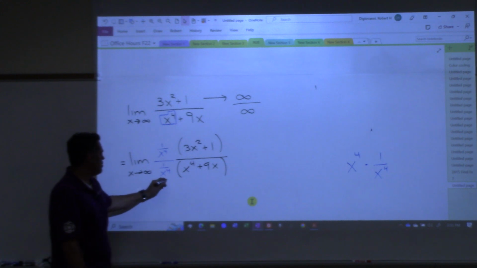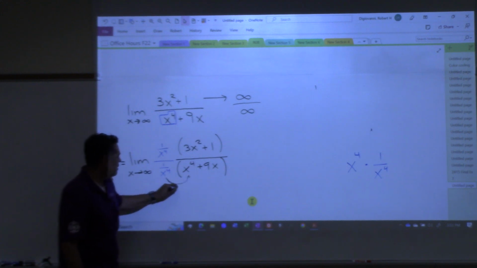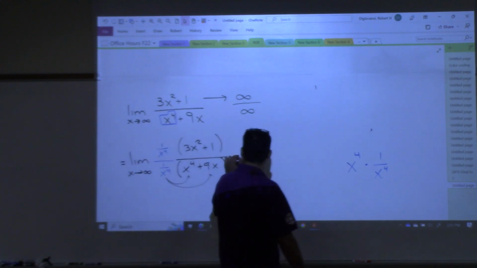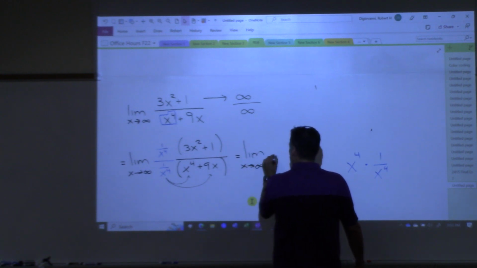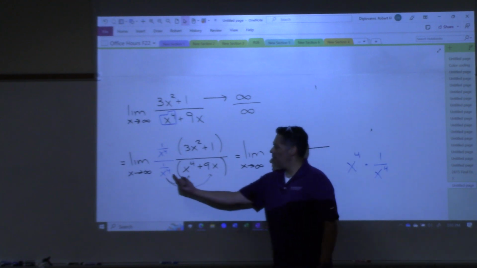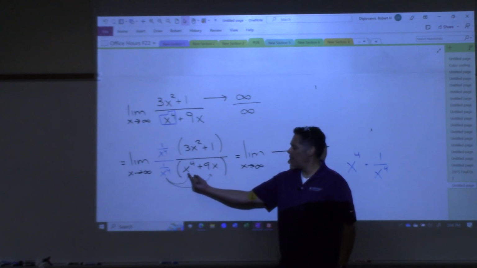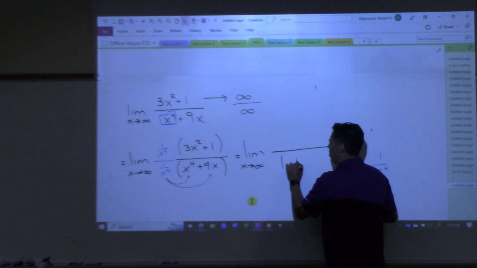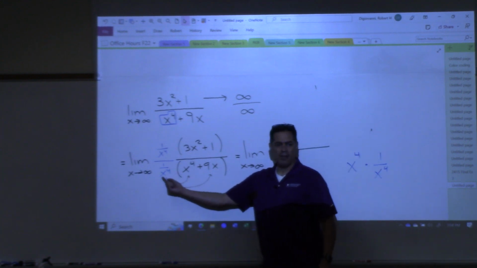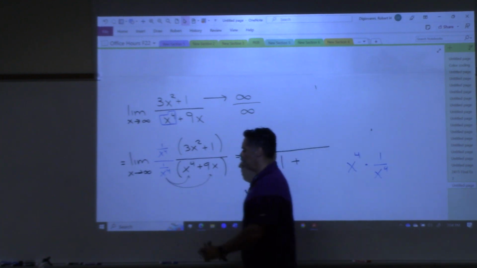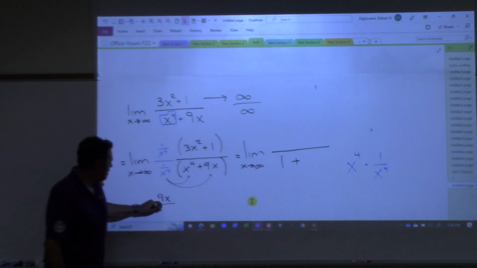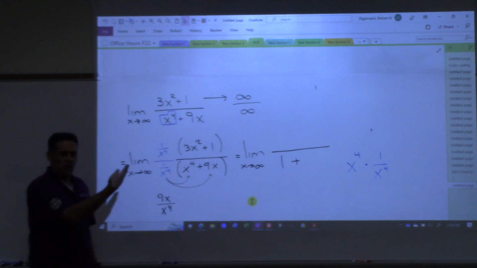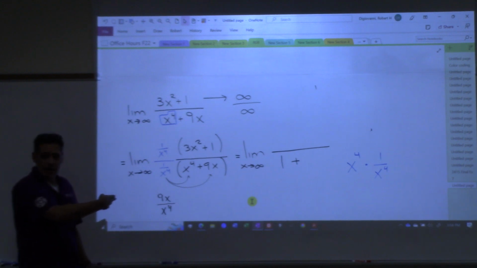Let's multiply this through the bottom first. I'll do the top as well, but let me just pause on that for a moment. On the bottom, when you multiply this times this, what do we get? 1. Okay, plus, now this one times this one. When you go here to here, you're going to have 9x on top, on the bottom x to the 4th. So one of the x's cancels, right? And so you just get 9 over x cubed.